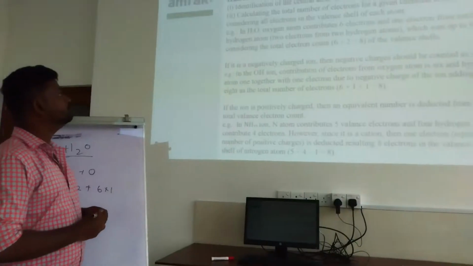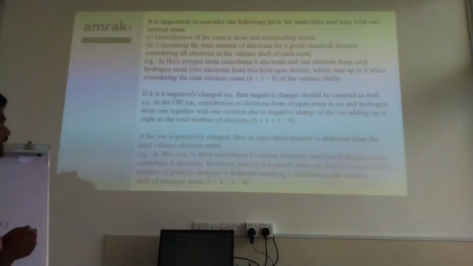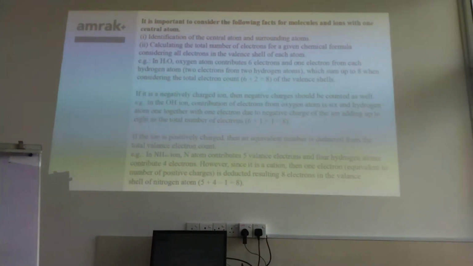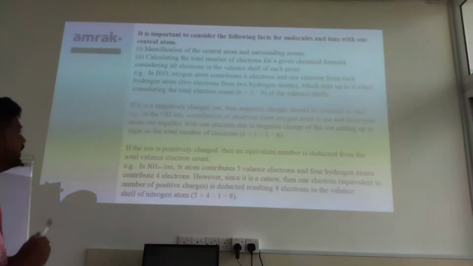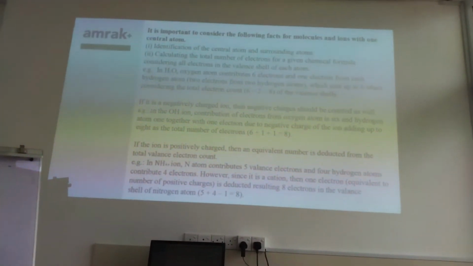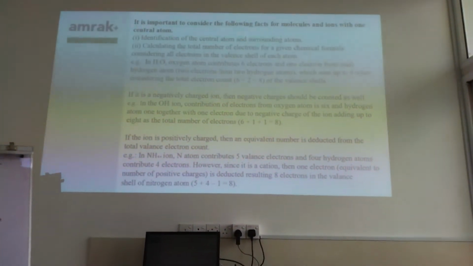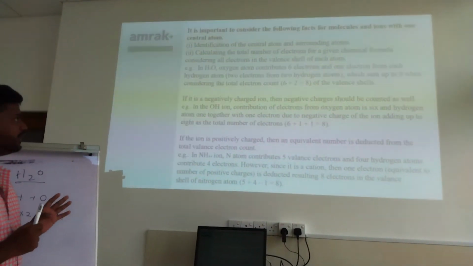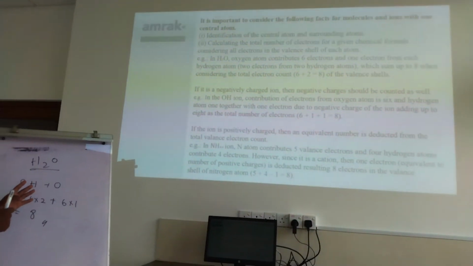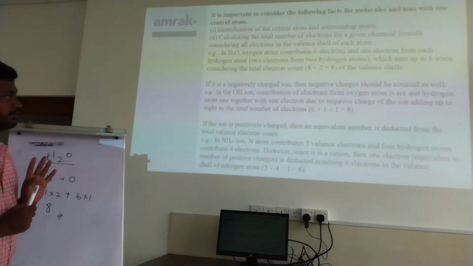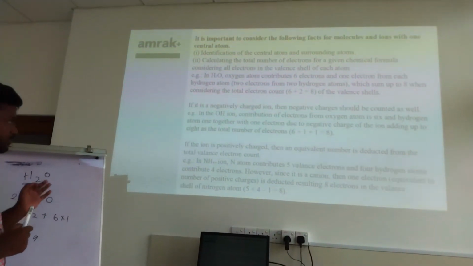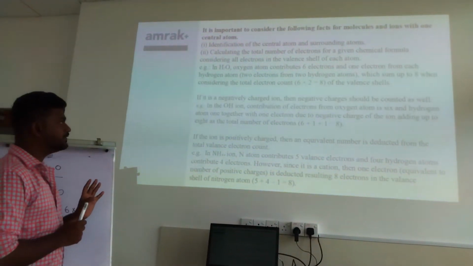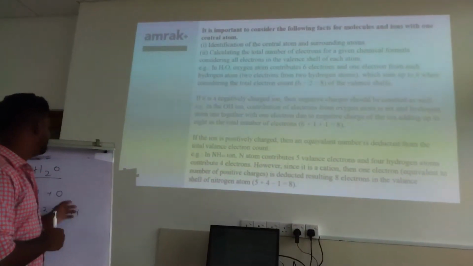The oxygen atom contributes 6 electrons and each hydrogen atom contributes 1 electron. All together there are 8 valence electrons present in the H2O molecule.